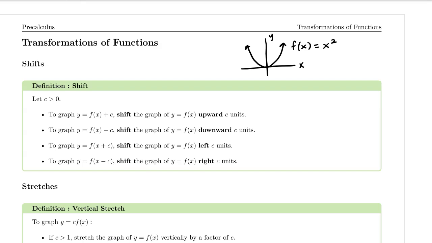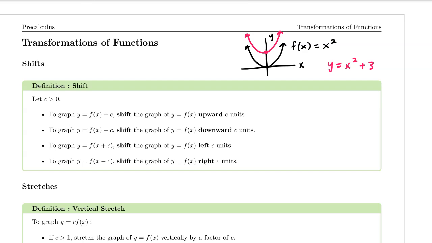And if I wanted to shift this up, I could change it to y equals x squared plus 3. And so if I did that, we would take all the points on our graph and we would shift it upwards 3 units, and it would look something like that. So that is a shift upwards.